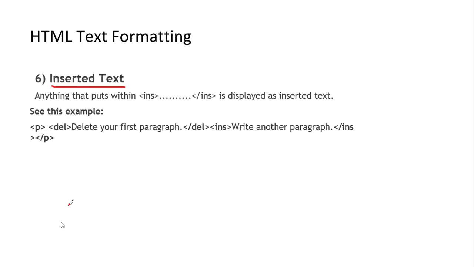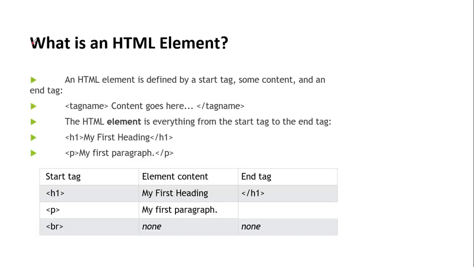Okay. Then today we are going to discuss what is an HTML element. It is defined by a start tag, some content, and an end tag. Very important, end tag also.